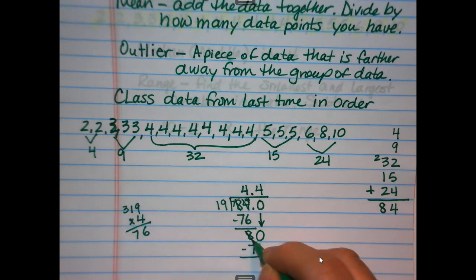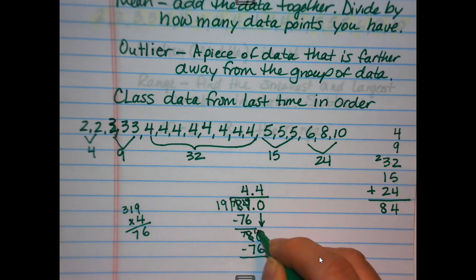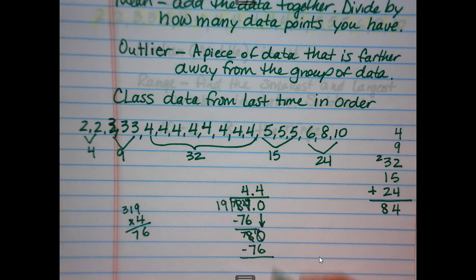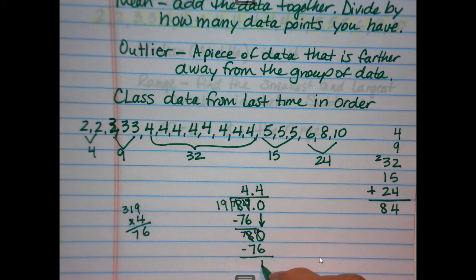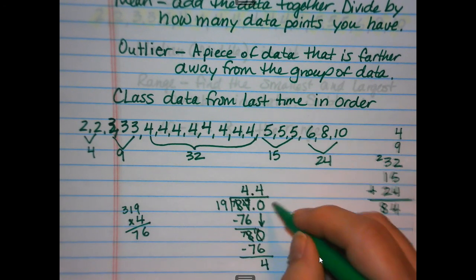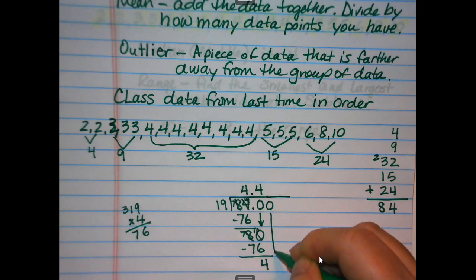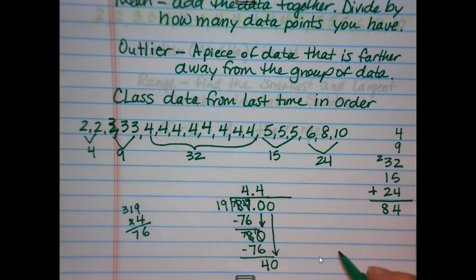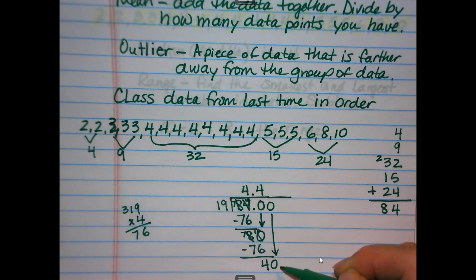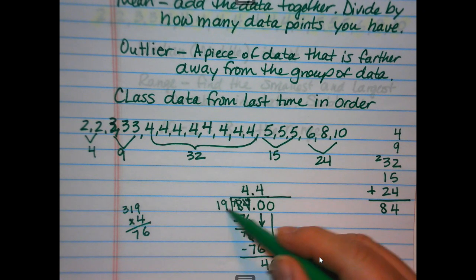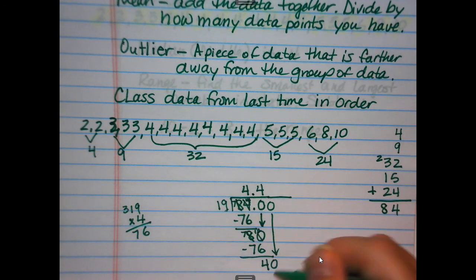Do a little fancy subtracting again. 10 subtract 6 is 4. Put another 0 and add a little bit there. Bring down that 0 again to do my division. And I can't use 4 again because that 76 won't work down here. But I can think, if this is close to 20, what times 20 gives me 40?